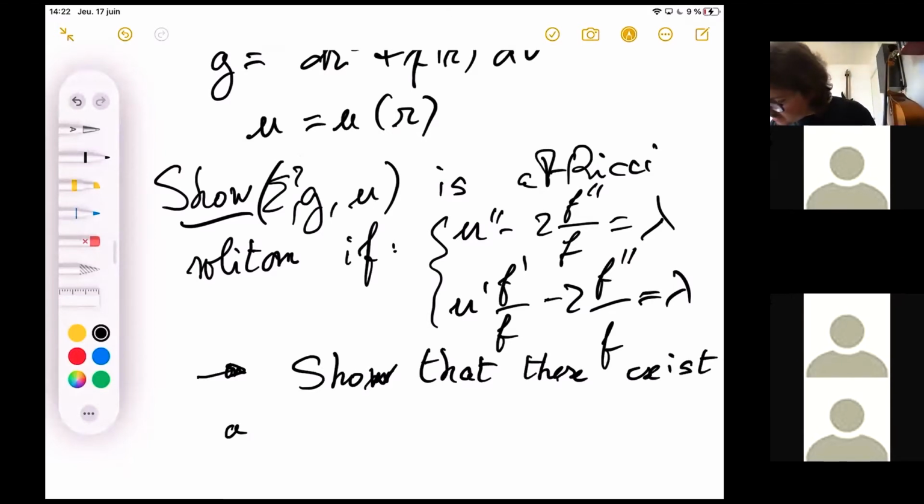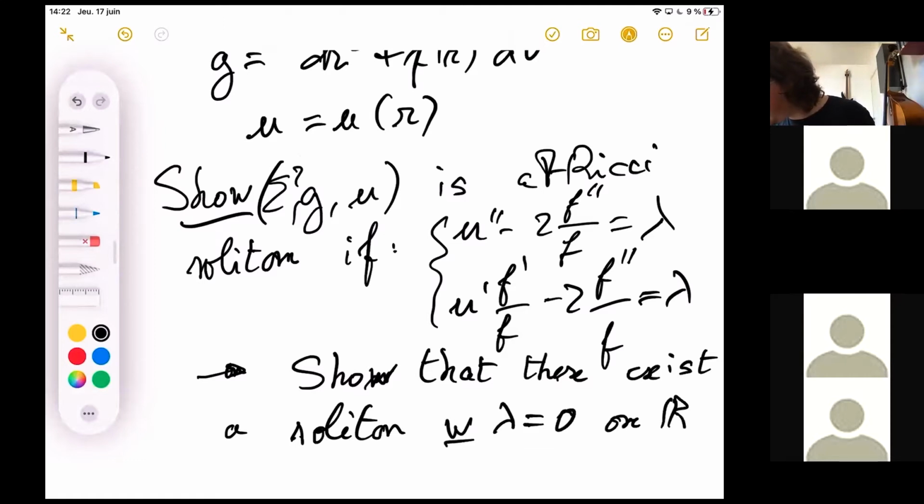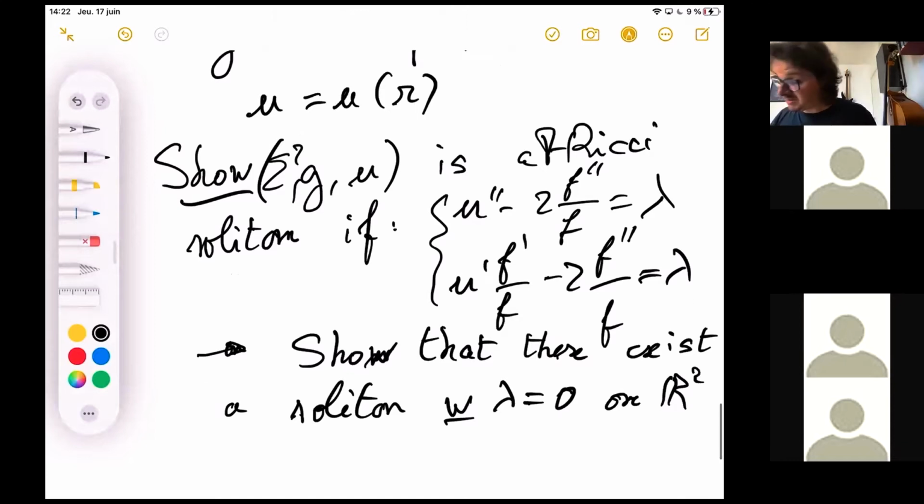there exists a soliton with lambda equals 0 on R2. So basically you have several of them.